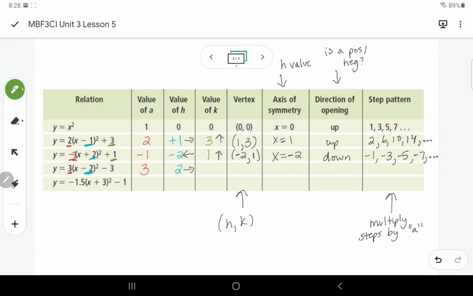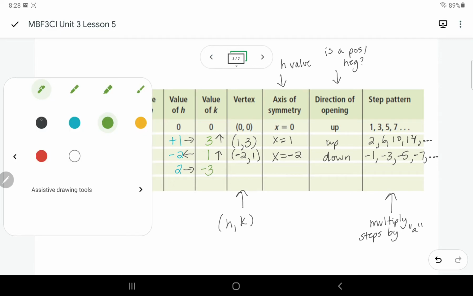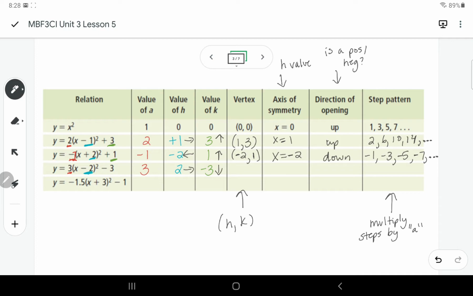The K, because we've already flipped that sign, the K is -3, so we're going to move that down. So we know that this parabola is moving the opposite way of this 2, so I've made it a positive, so it's going 2 to the right, and it's going -3, so 3 down. My vertex will be 2, -3.